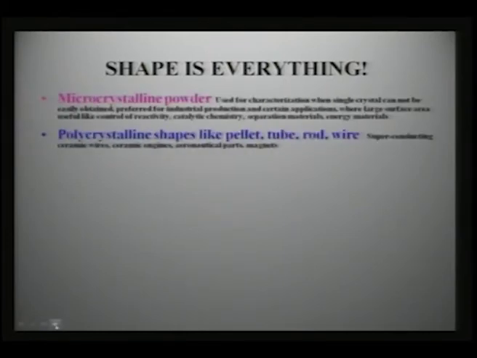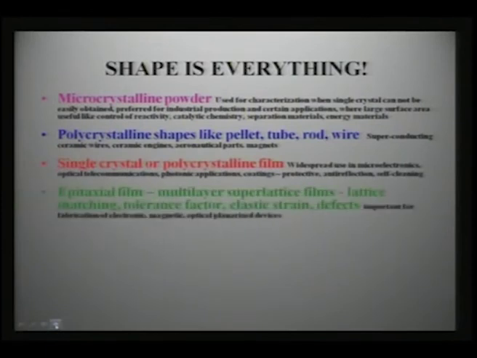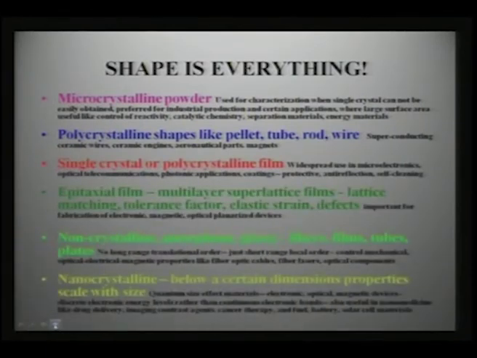And therefore when we look at all these combinations, we can single out to say that shape determines the solid state synthetic approach. If you are looking for microcrystalline powder, then wherever single crystal cannot be used and is not preferred for industrial production, you can resort to a powder form, and certain applications where large area is useful for control of reactivity, catalytic chemistry, separation materials and energy materials can be achieved with just microcrystalline powder.